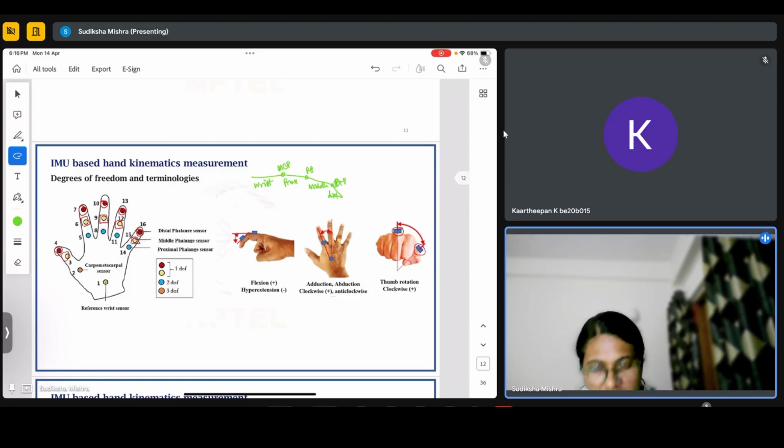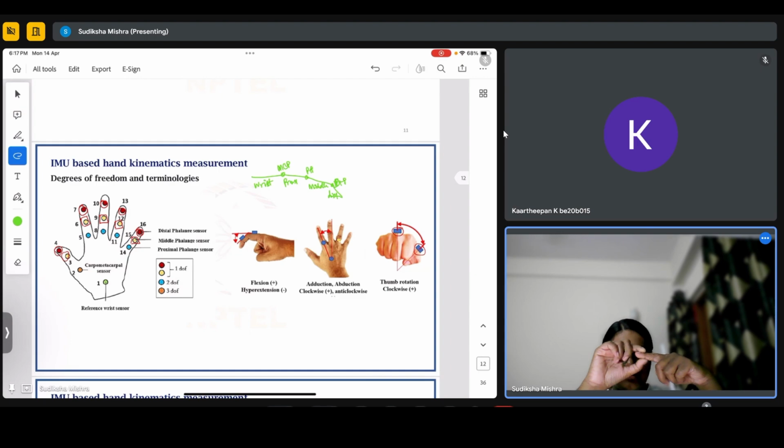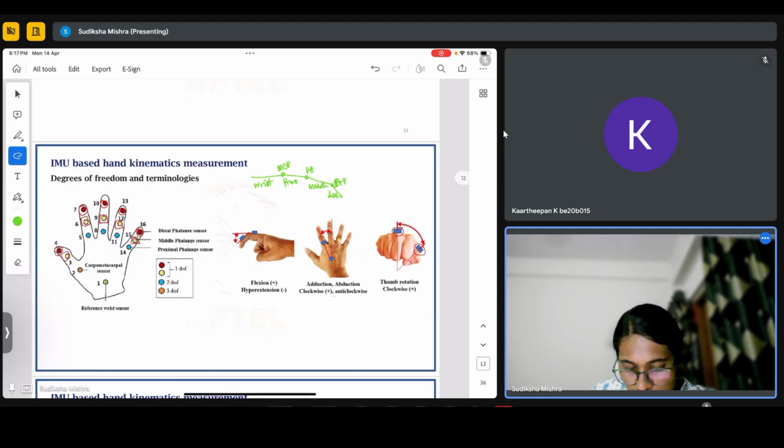If you were to see this movement, there is only 1 degree of rotation here. If this is the x direction, it can't be moved in the y direction.